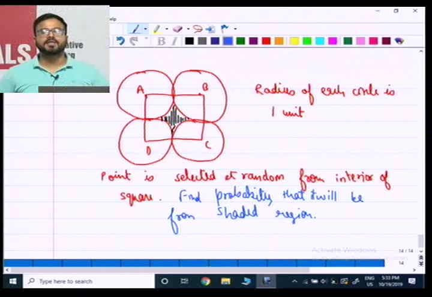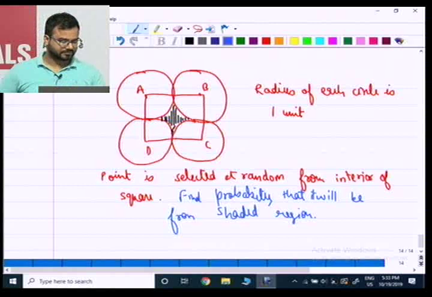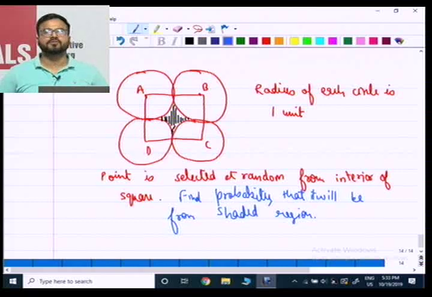So what is the probability that the point selected is from the shaded region? And you can give your answer again in terms of pi.